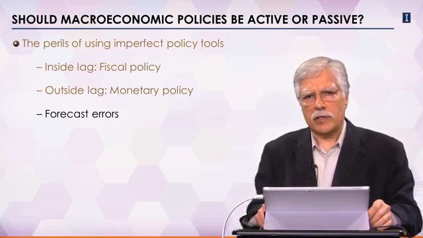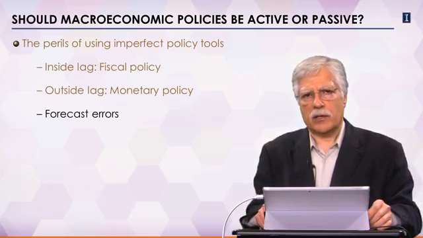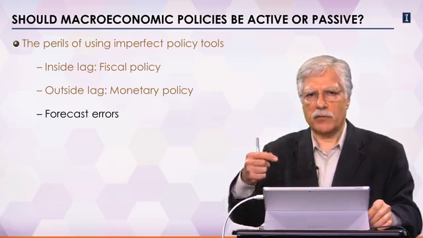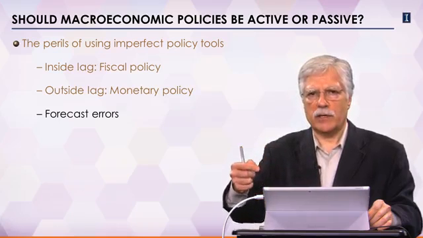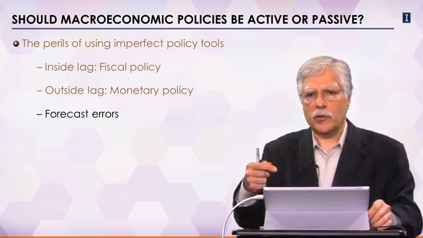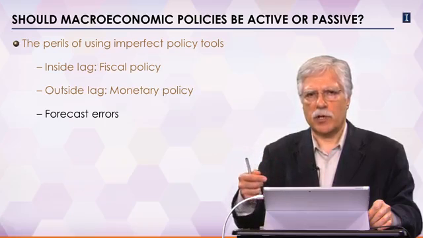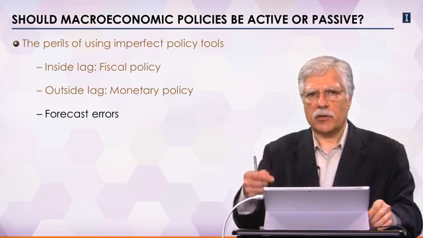And on top of these two problems, there's another one called forecasting errors. Because we make policies that are going to become effective 6 or 9 months later, we need to forecast what the situation is going to look like when the policy becomes effective. But we make a lot of mistakes in forecasting. We don't know what might happen in the economy, and we might be implementing a policy that becomes effective at the wrong time.